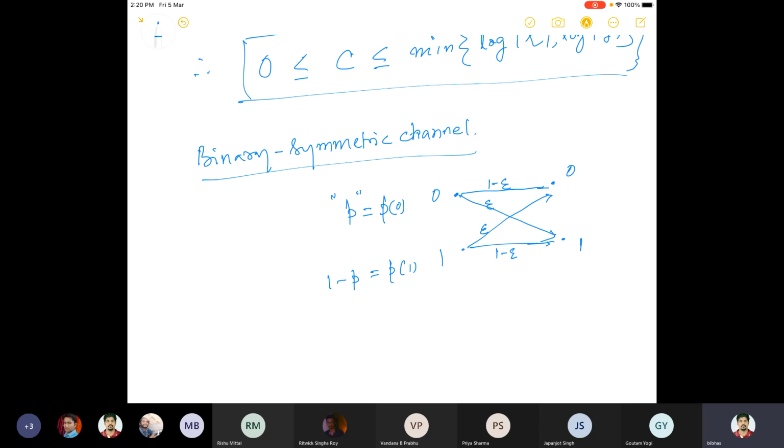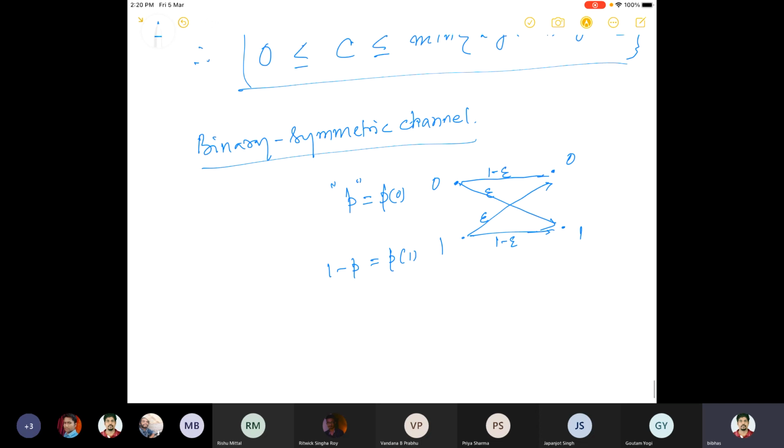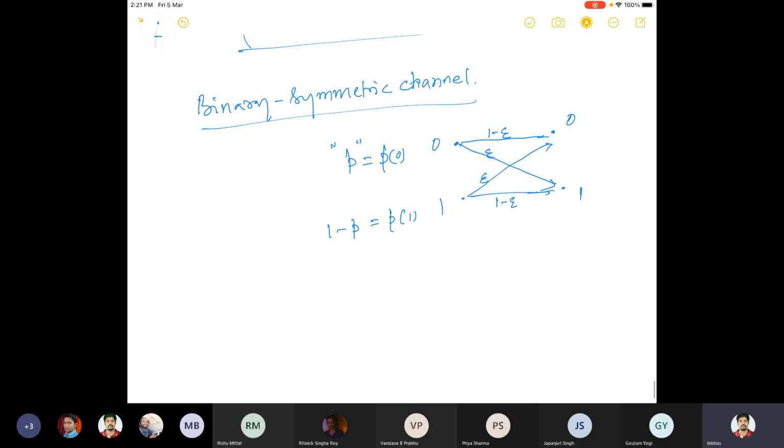Basically, this is my probability space, the set of probability vectors that we talked about last day, which forms a convex set. So p could be anything, and 1 minus p accordingly. Our question will be, for what value of p, for what distribution, it will give you a maximum, and what is the value of this maximum.